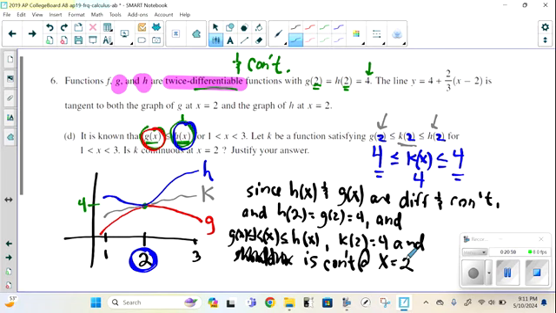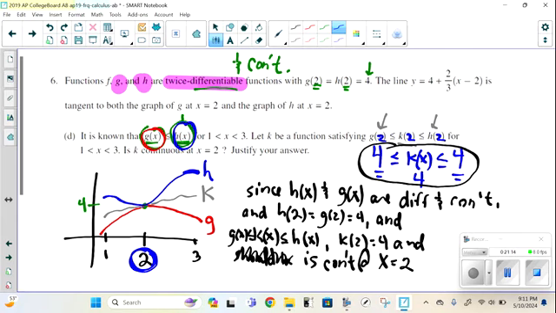Because h and g converge and almost make one like mini line at x equals 2. And k has to make that same line. That kind of makes sense when you think about it.